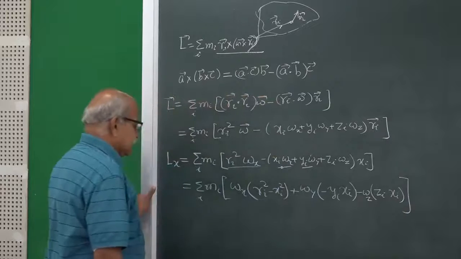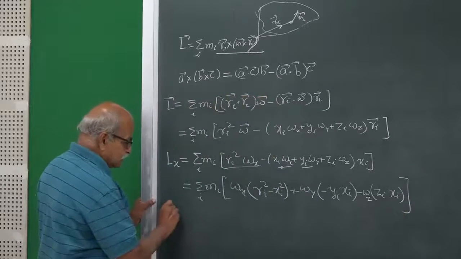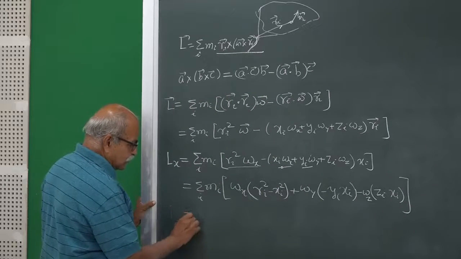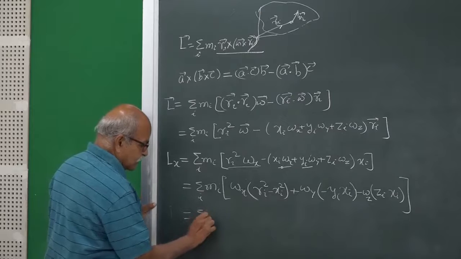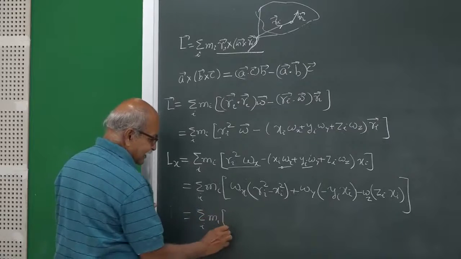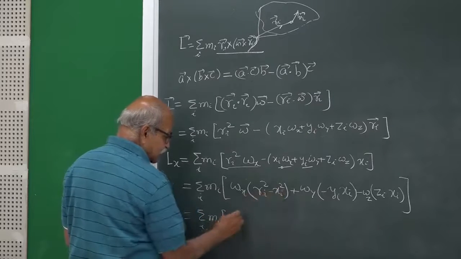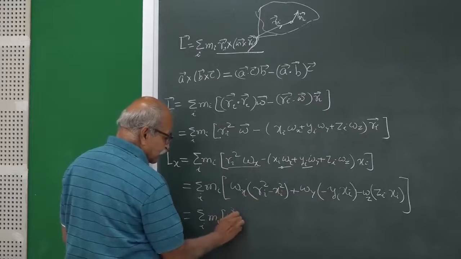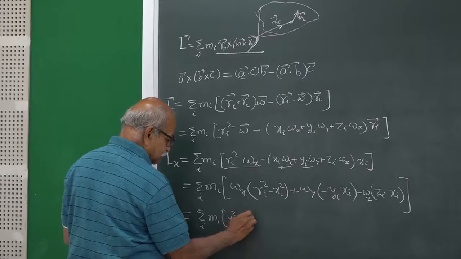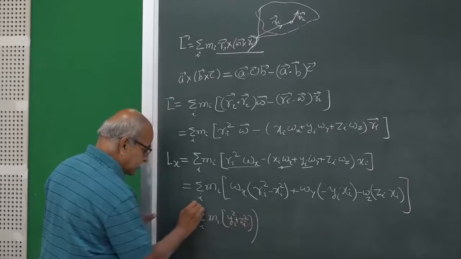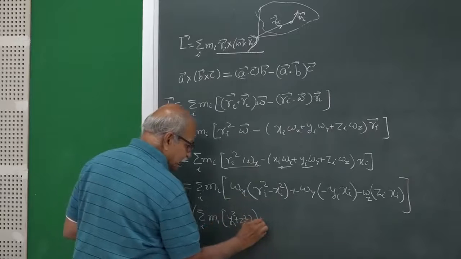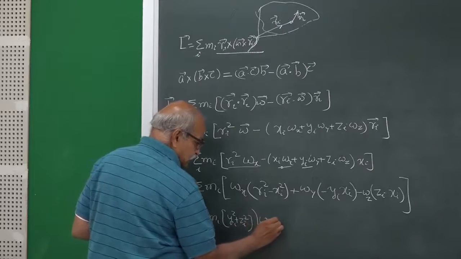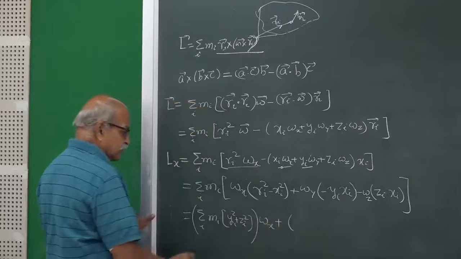That is it. Alright. So, Lx is equal to summation over I m I, and then this is y I square plus z I square, this is one part into omega x, then plus omega y part.